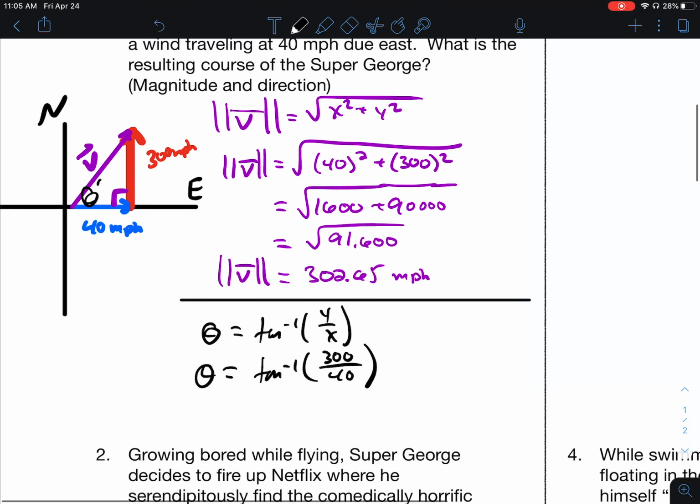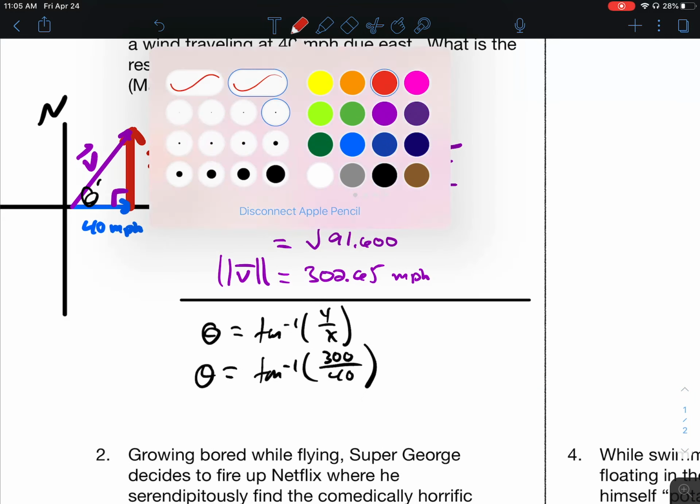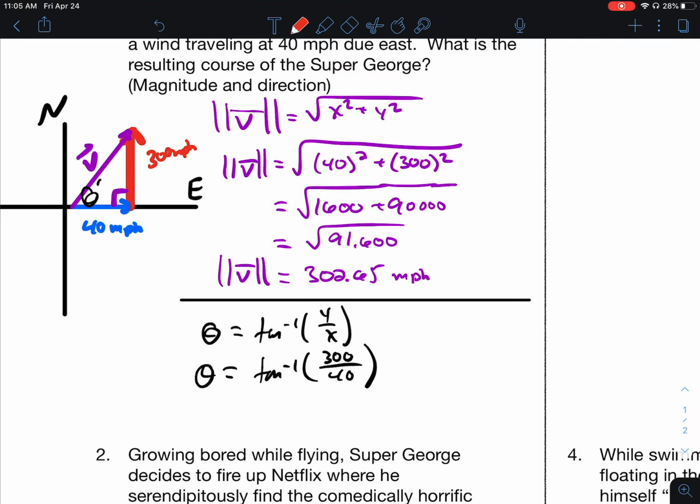Now, once again, why is it tangent inverse? Because if we did this the long way, which you're allowed to, we would do tangent of theta prime is the opposite leg over the adjacent leg. Then to get theta by itself, we would do tangent inverse to both sides. I'm not asking you to show this work.